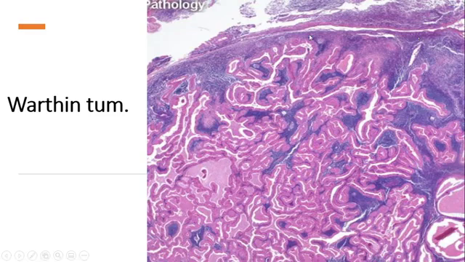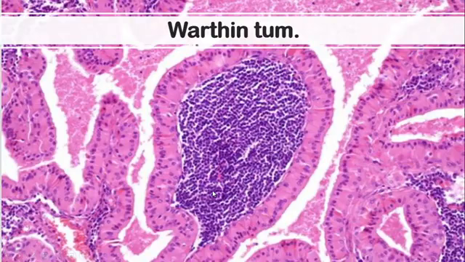This is the microscopical appearance of Warthin tumor. The tumor is cystic in nature. This is the cavity of the cyst, and the cyst is filled with many papillary structures with central core of mature lymphoid tissue, and covered by bilayer of oncocytes.